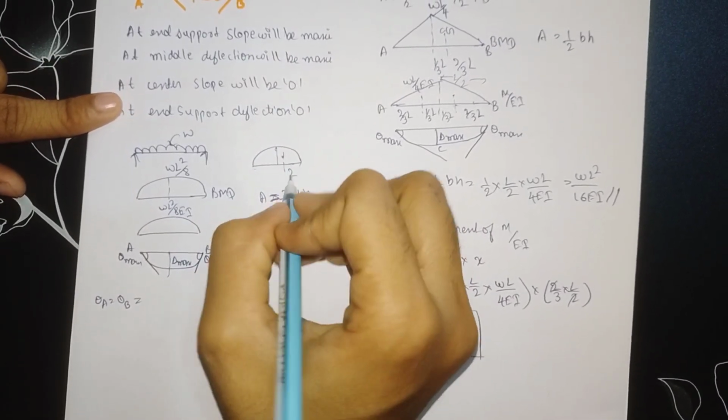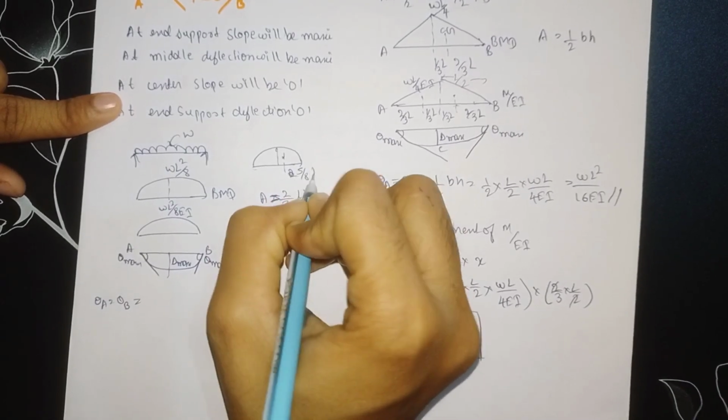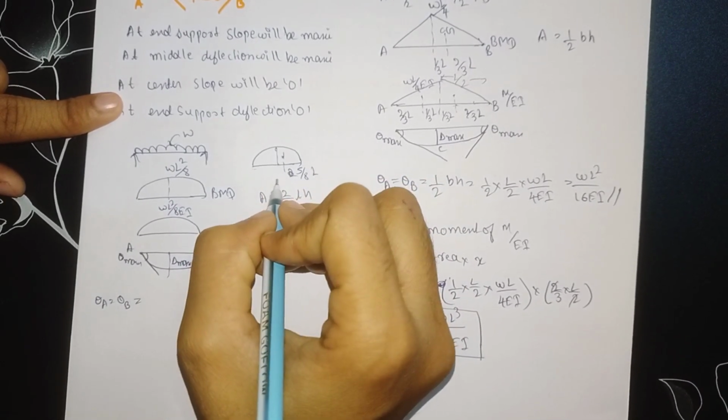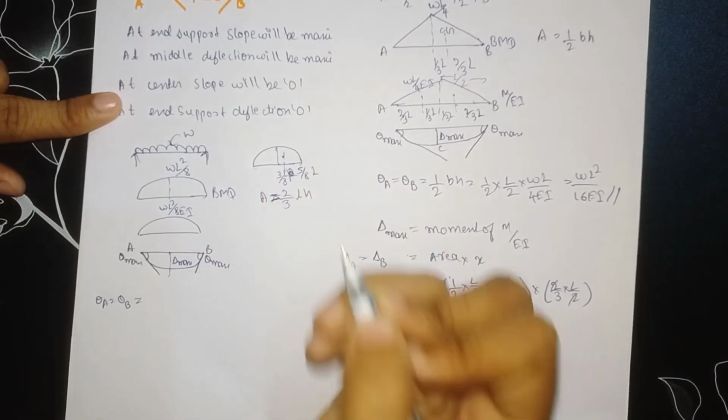From here to here, we have the formula 5 divided by 8 into L, and from here to here, the distance is 3 by 8 into L.